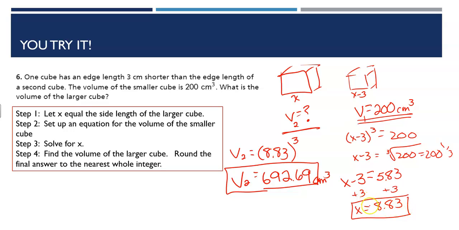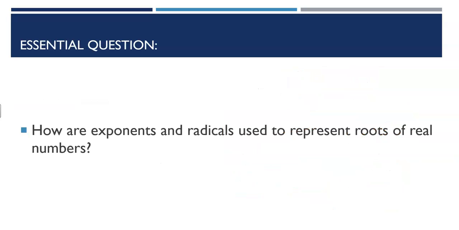It didn't want x, it wanted the volume of the bigger one. So I put x into the equation right here, the side cubed, and then I ended up with 692.69 centimeters cubed for the volume of the bigger one. And that makes sense. I mean, if I think about it a little bit, it has to be bigger. If I got a number smaller than 200, then I knew I did something wrong.